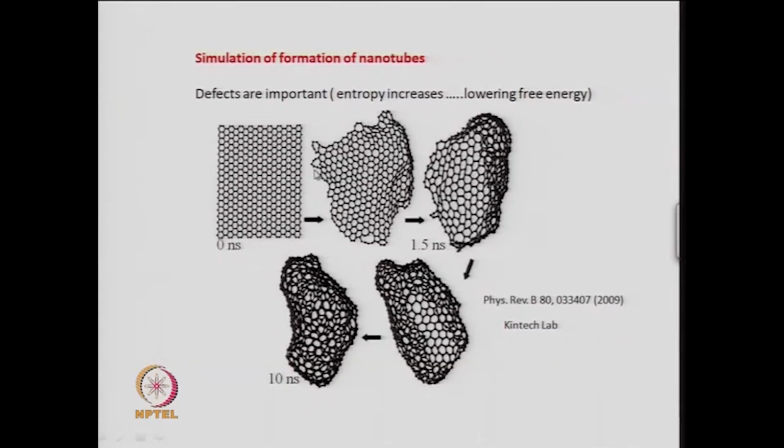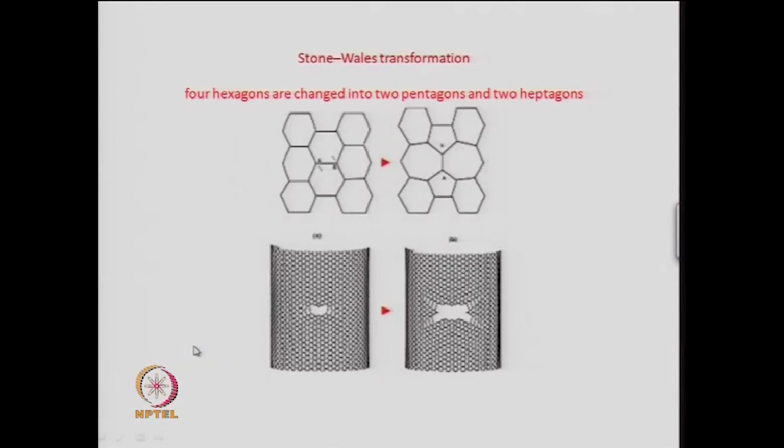So, it can only do that from the defects which result. So, defects are very important, and thermodynamically speaking, as you increase defects, the entropy increases, which brings about a lowering in the free energy. And so, this is the kind of mechanism which is proposed for the formation of carbon nanotubes from a graphene based layer.